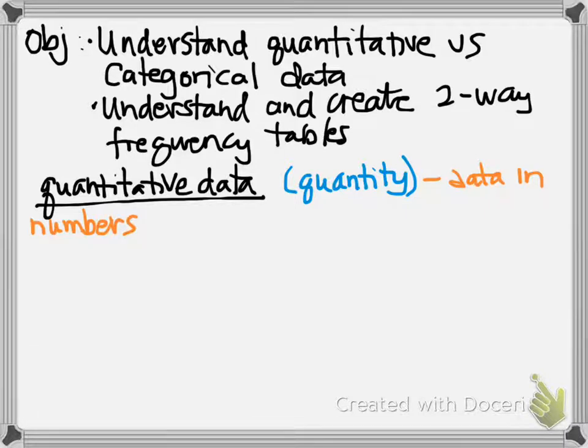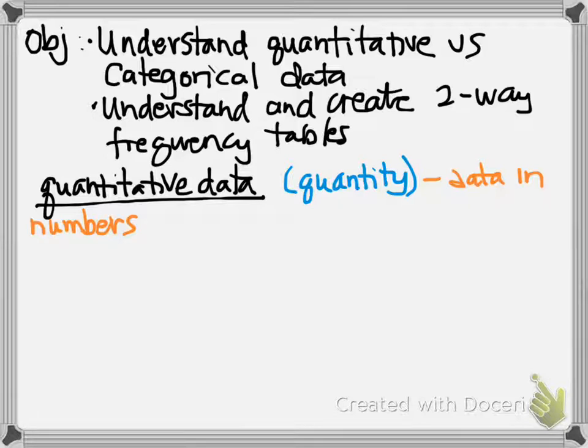Okay, so this is numerical data. Numerical data would be considered quantitative data. So the number of siblings, we had 0, 1, 2, 3, 4, 5, 6 or more, that's quantitative. And then the information I got from you was also quantitative. Each person gave me a vote, and we were able to count up those votes, okay?